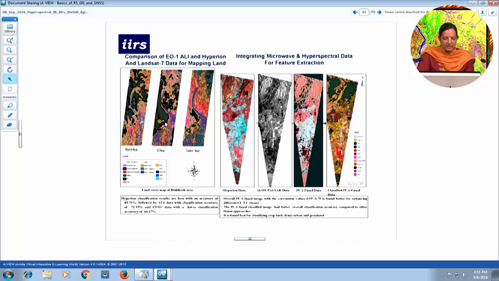This is one comparison of the classification done using different multispectral and hyperspectral sensors, and how it enables us to strengthen the classification. The number of classes which can be identified with hyperspectral is much larger than with multispectral.